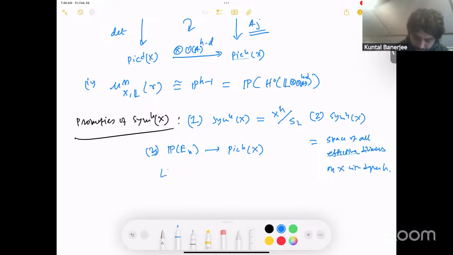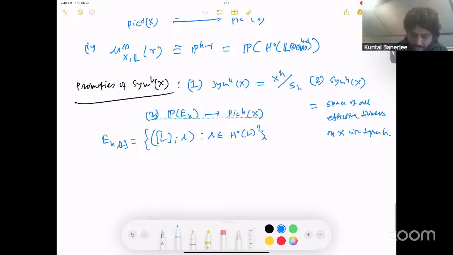So it is actually, the fiber at L in Pic^H X is all the sections of L, and the symmetric power is this projective bundle.